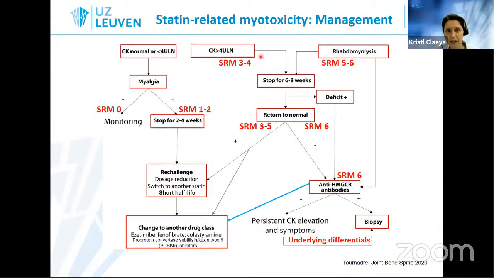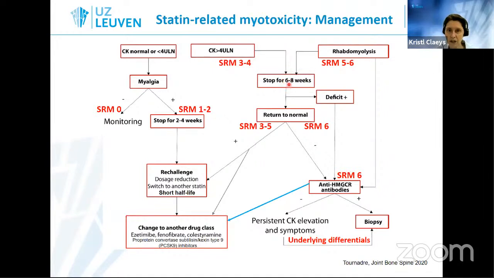Now, if your CK is more than 4 times the upper limit of normal, then you come in the group of statin-related myotoxicity type 3 or 4. Then you could stop for 6 to 8 weeks.